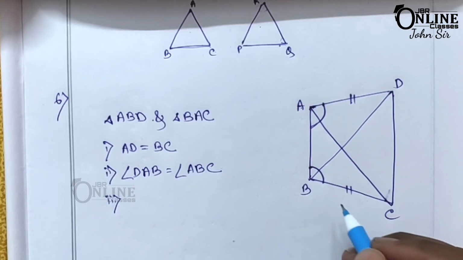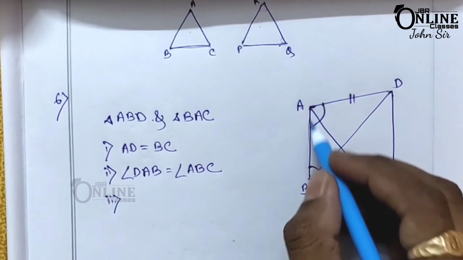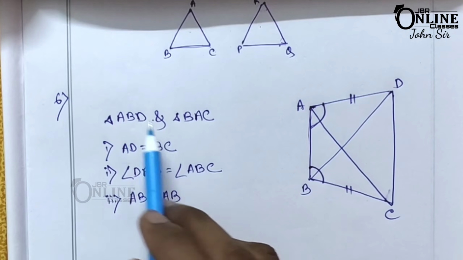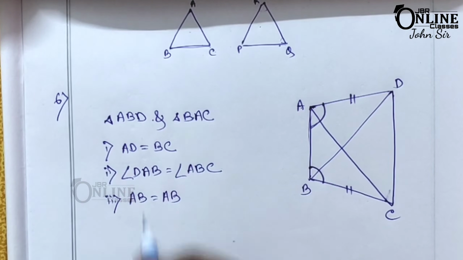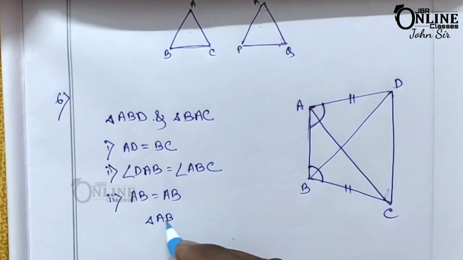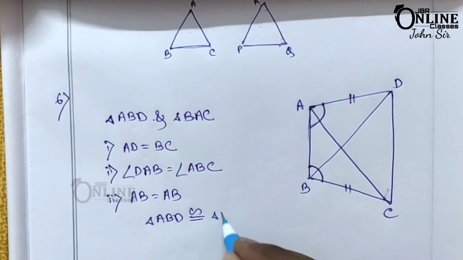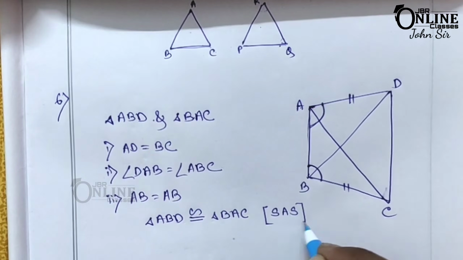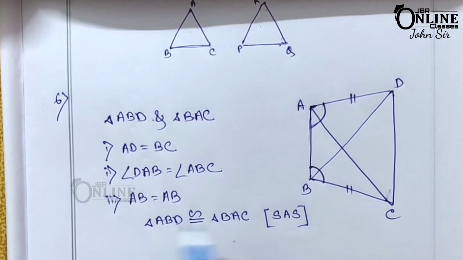Now the third one, AB equal to AB, as AB is the common side of these two triangles. So by these three conditions, triangle ABD is congruent with triangle BAC by side angle side. Okay, so the first one is proved, these two triangles are congruent.